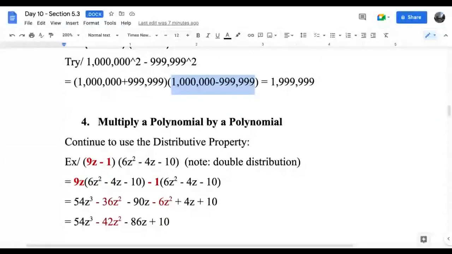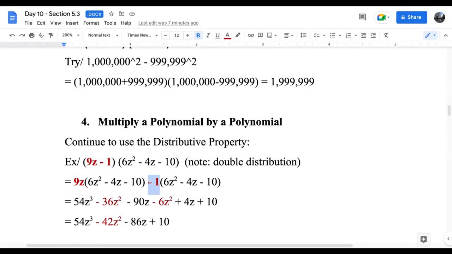So how do we multiply polynomial by polynomial? Let's see, we did a monomial, we did a binomial. Now let's see a binomial with a trinomial. Trinomial means we have 3 terms. We do the same thing. Right? We distribute 9z as a common factor.